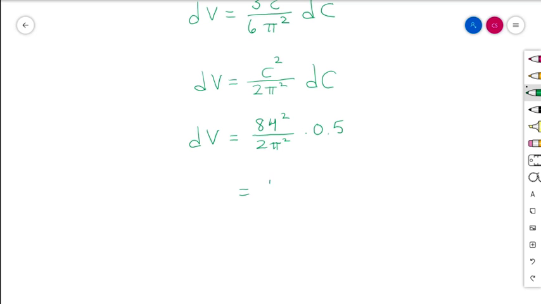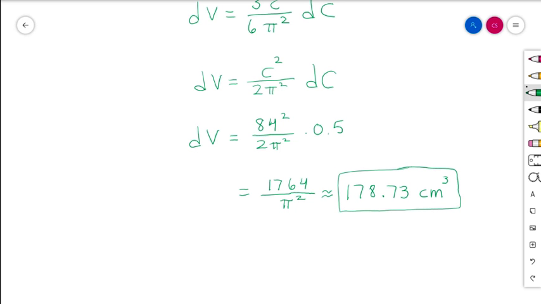And this simplifies to 1,764 divided by pi squared. And then that's approximately this. And the units, because it's volume, are going to be cubed. All right, so that's the maximum error in volume, approximated using the differentials.